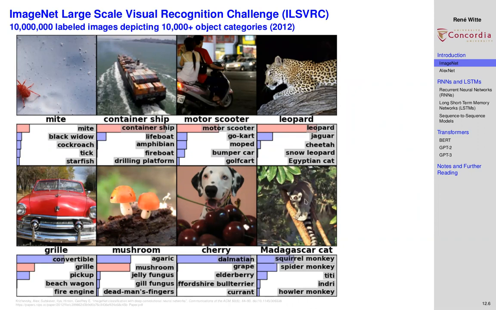And on the bottom, you can see 4 images where it got the wrong result. So here, this should have been a convertible. This should have been a grill, but it was predicted convertible. Here it's a mushroom. That was the second choice by the system. Well, this one is kind of mean because there is clearly a dog, but the expected one was the one in the front, the cherry. And here, well, it didn't find it in any of the 5 predictions.